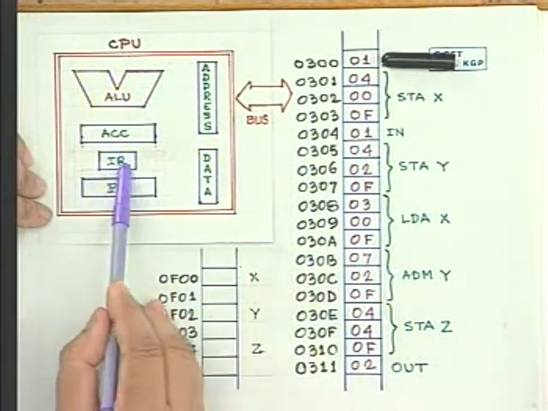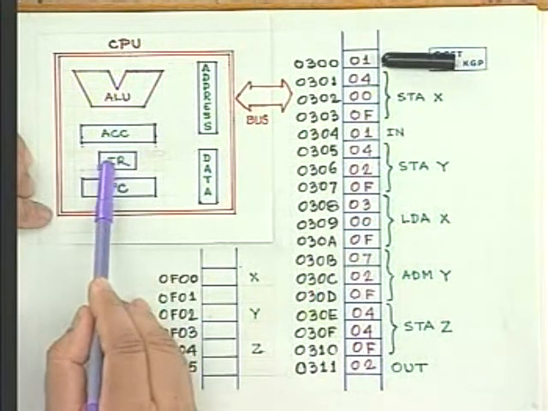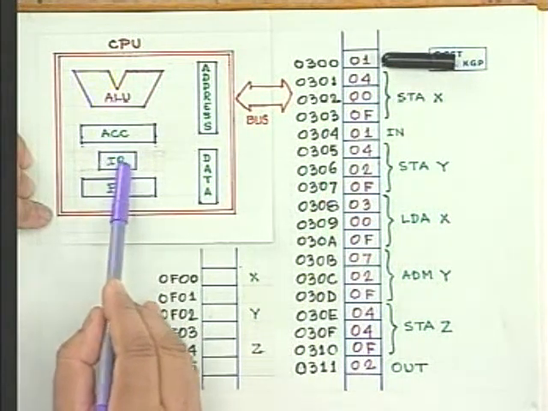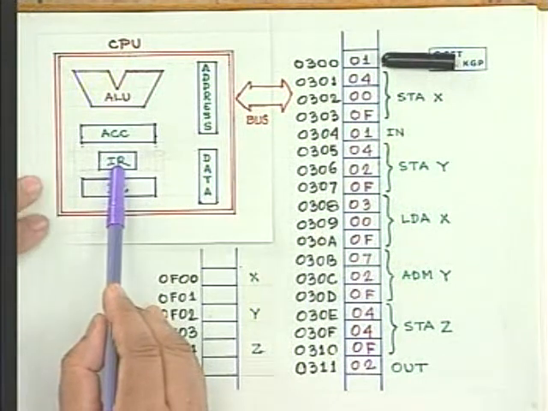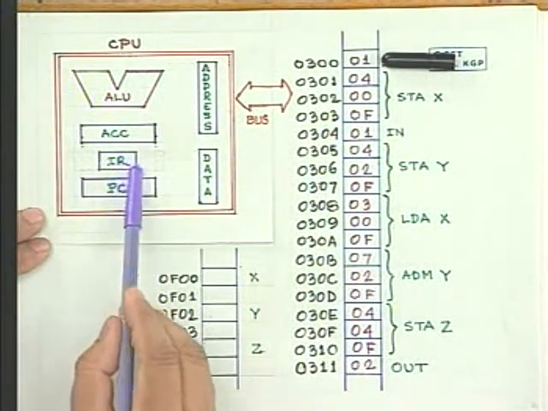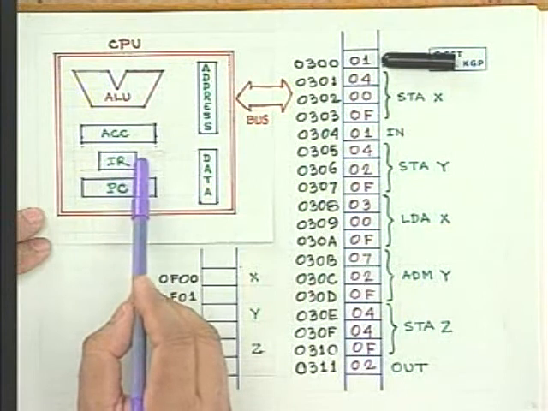The 01 will come and will be loaded into the instruction register. That instruction register therefore contains the instruction that is being executed currently. Therefore 01 is here. The content of this instruction register is now decoded.